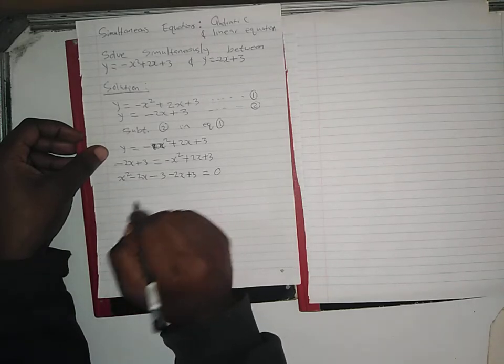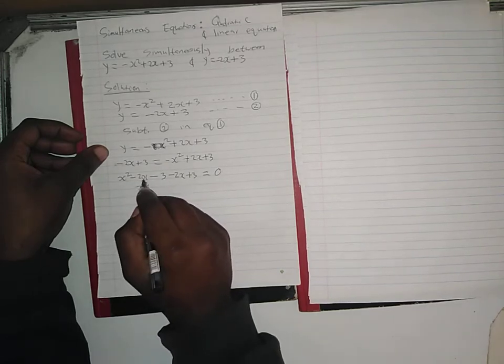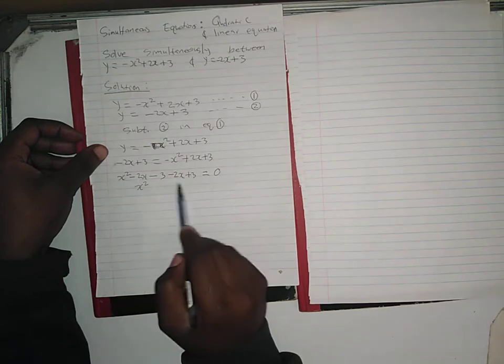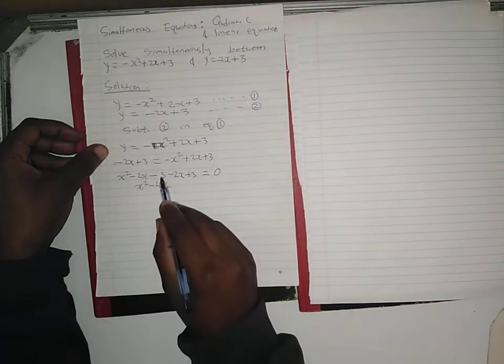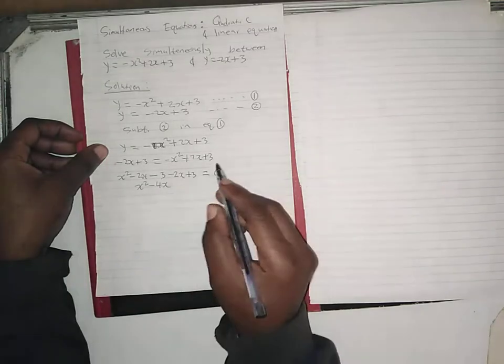So you've got x squared, and then what about minus 2x? Does it have a like term? Yes, it has a like term. So you've got minus 2x minus 2x, which is minus 4x. And then what about 3? Minus 3 plus 3 will give you 0.